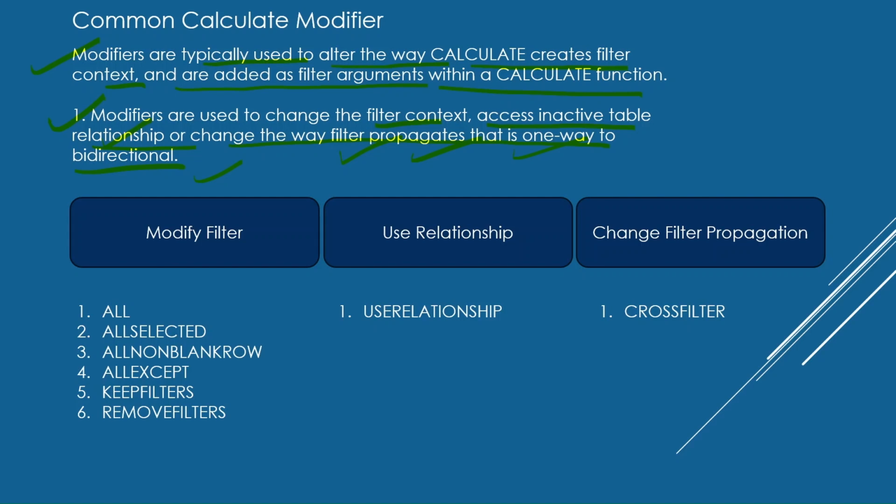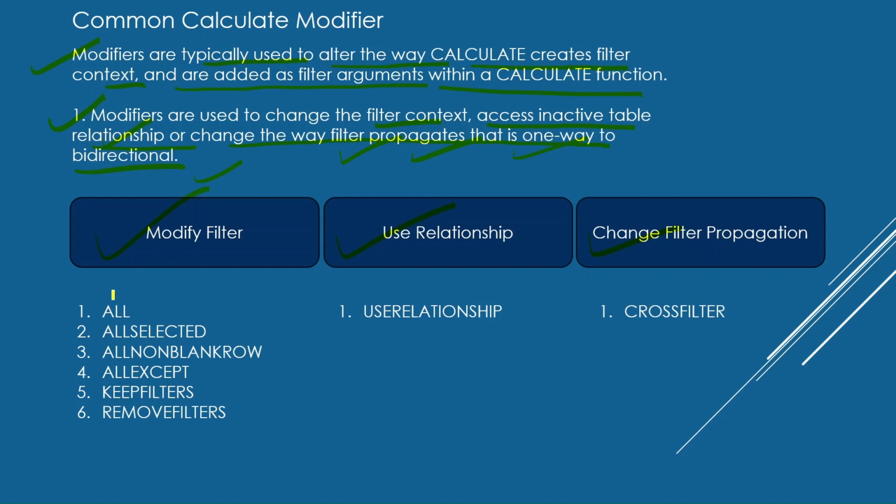So we have discussed three types of modifier. One modifies the filter, one is used to change the relationship, and another is used to change the filter propagation.